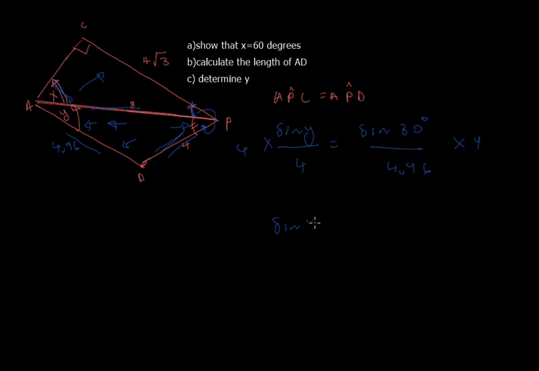Sine y equals sine A over 4.96 times 4. So y equals arc sine of sine A over 4.96, multiplied by 4.